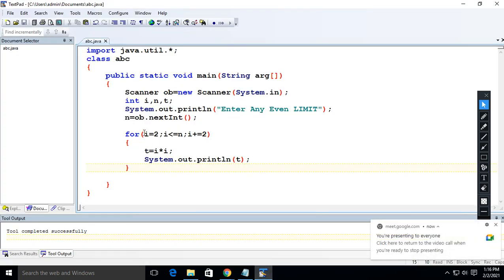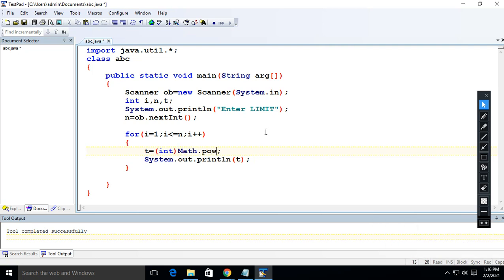Look here, everybody. Now the next solution is, enter limit. In this question, the starting point has to be 1 and we need to generate the natural numbers. And for the cube, you can use the inbuilt method also, like Math.pow(i, 3).